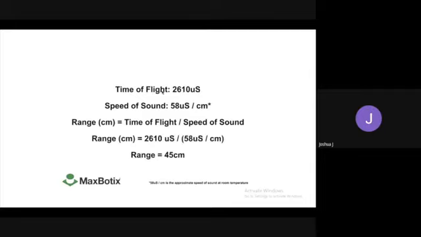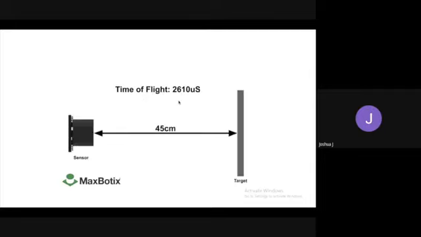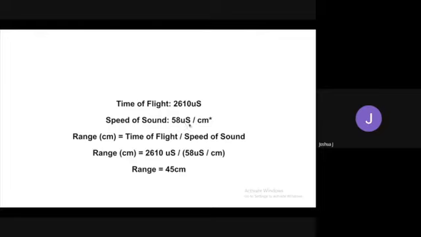And here, the speed of sound at normal room temperature is approximately 1 centimeter in 58 microseconds. With these two values we can calculate the range, or the distance between the obstacle and the sensor.